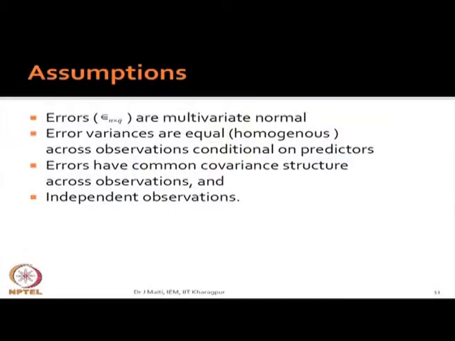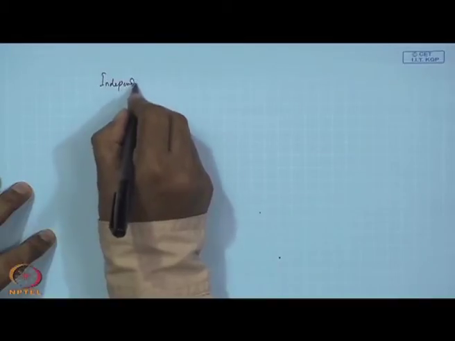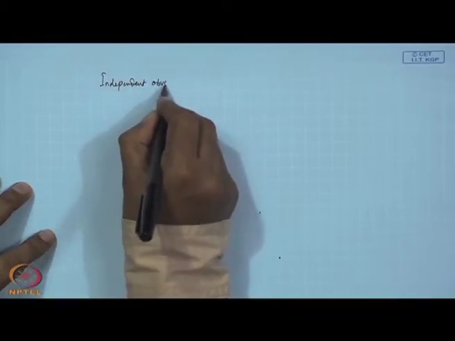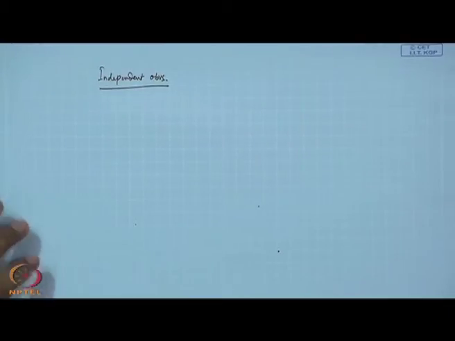Then the last one is independent observations. How do you test independent observations? That means no autocorrelation. Independent observation means one observation y, we are talking about related to y. One observation is independent of others, it is not influenced by other observations.